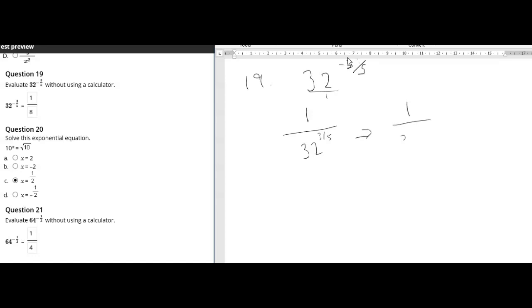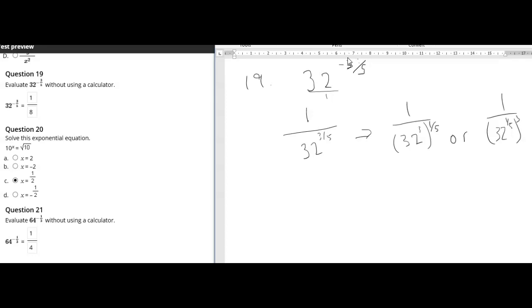Now, this 32, I can rewrite as 32 to the power of 3 to the power of a fifth, or I can rewrite it as 32 to the power of a fifth, or cubed. Because when I multiply these powers, either way, I get 3 over 5.